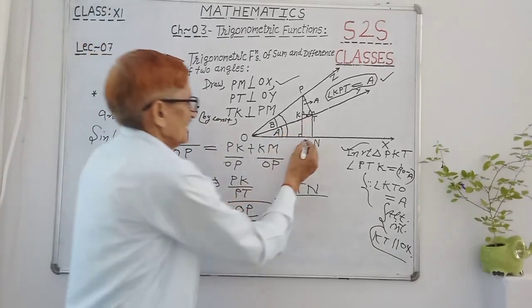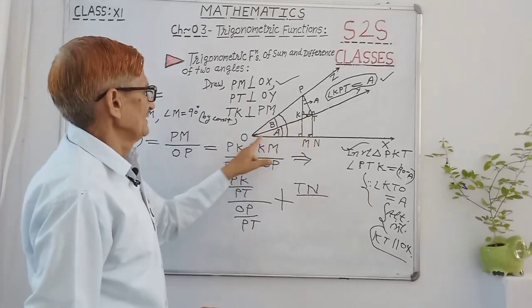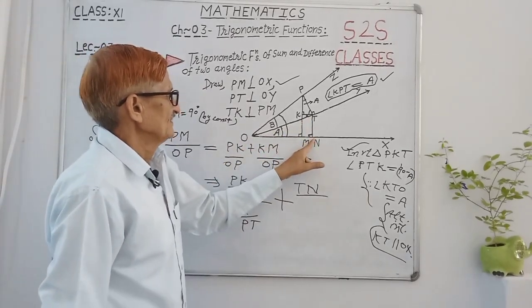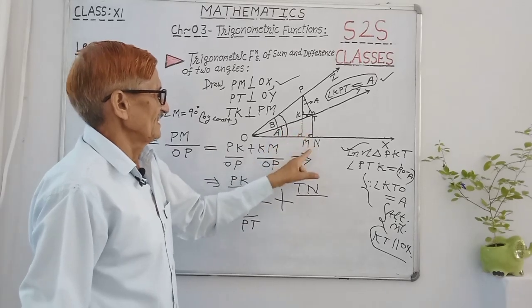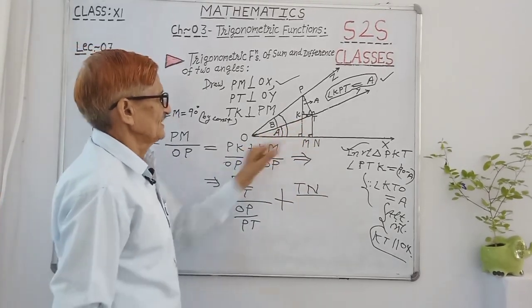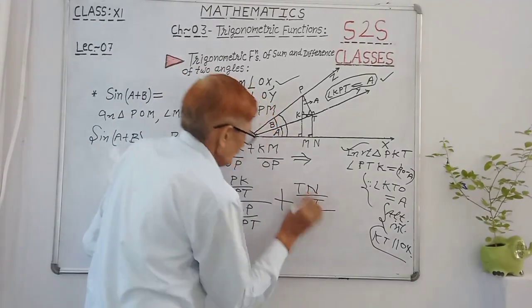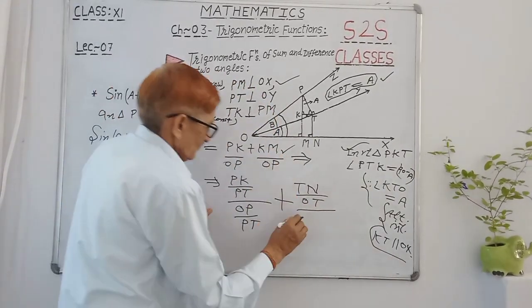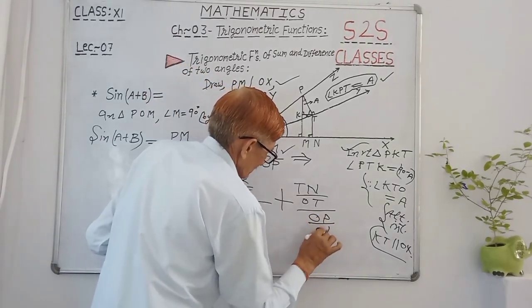In which right triangle is TN? TN is in right triangle TON. So this is the opposite side of angle A, TN. So divide by the hypotenuse, and the hypotenuse is OT. So divide by OT in numerator and denominator both. The denominator is OP divided by OT.